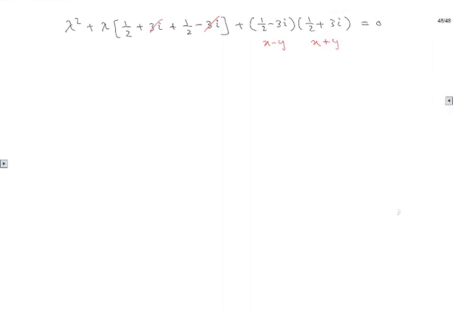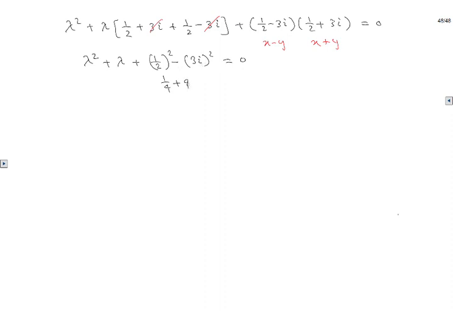So if we do all, then you're going to get lambda squared plus lambda, and by the difference of squares, you're going to get 1/2 squared minus (3i) squared equal to 0. So you're going to get 1/4 plus 9, because i squared is -1 with the negative sign.